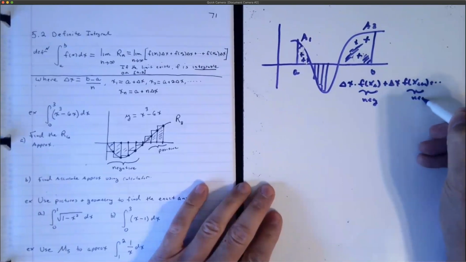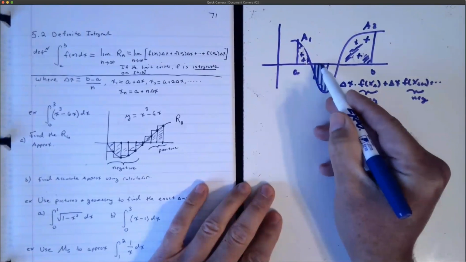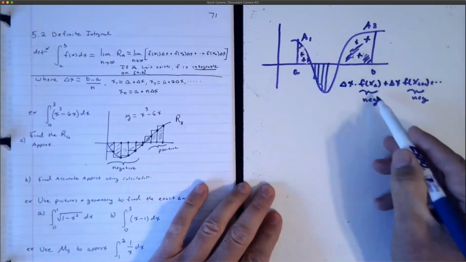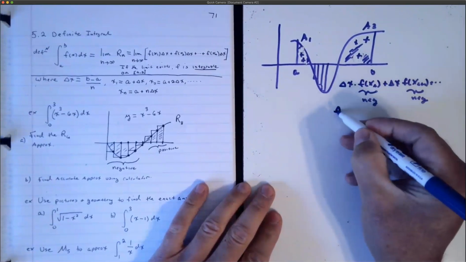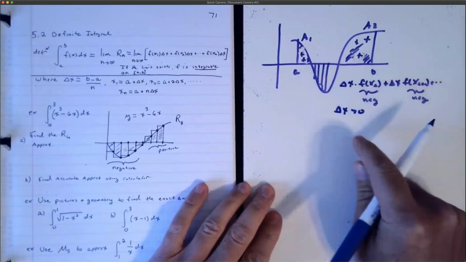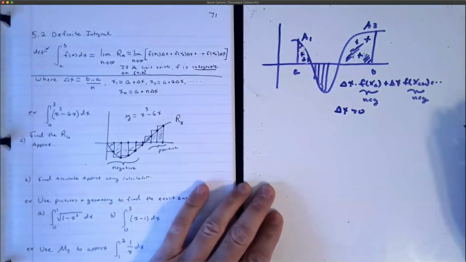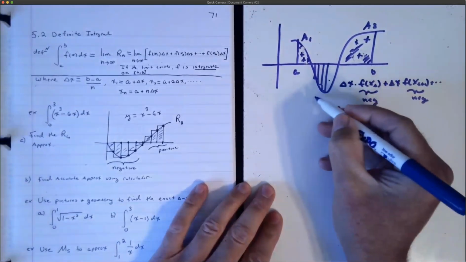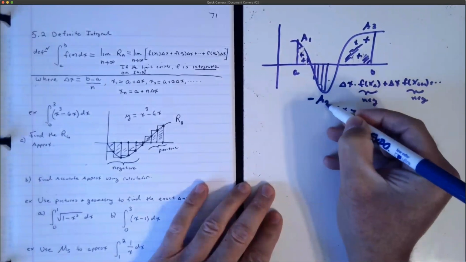So we're considering the area of a rectangle below the x-axis as a negative area, just because delta x, the width of each rectangle, is positive, and the height of the rectangle is negative.